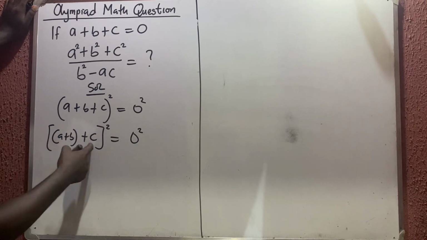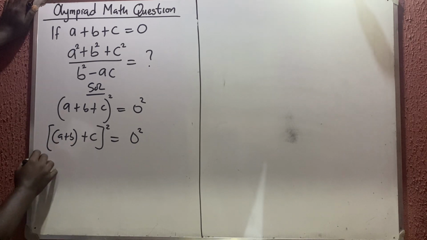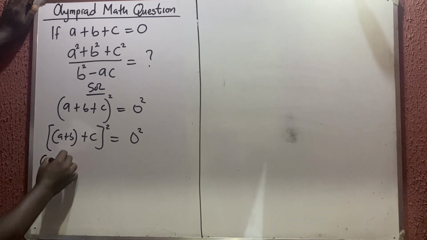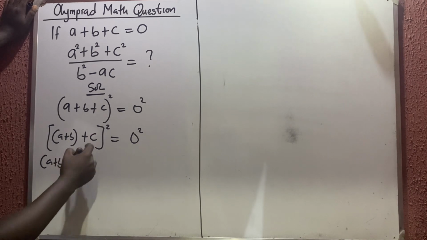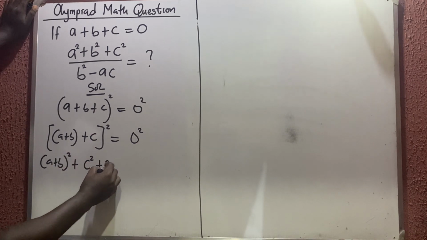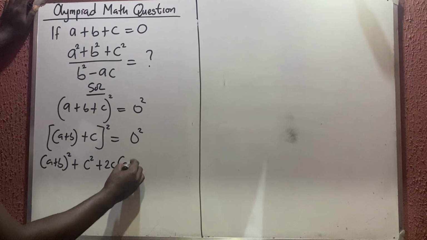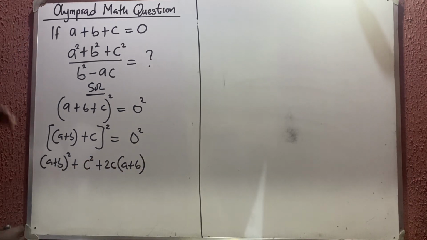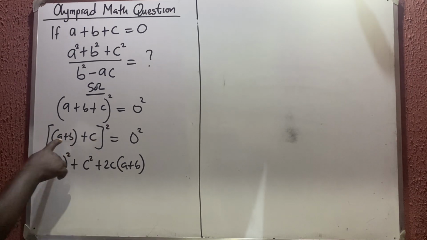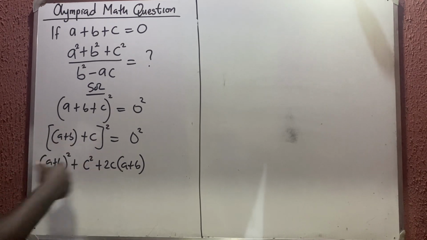So now when you want to square two things like this, you say the first one, that is (a plus b) all squared, then plus c squared, then plus 2c into (a plus b). That is how to square that. You square the first one, square the second one, then the first one times the second one, you double it.